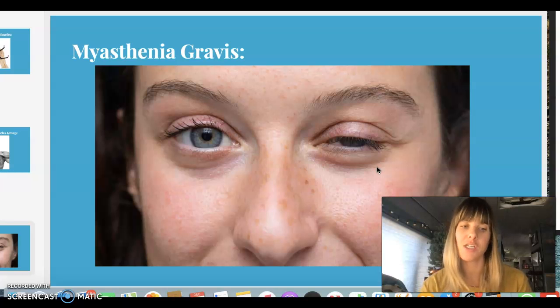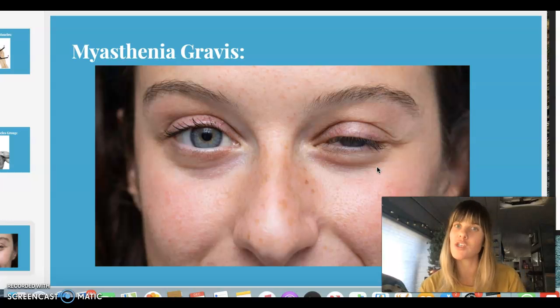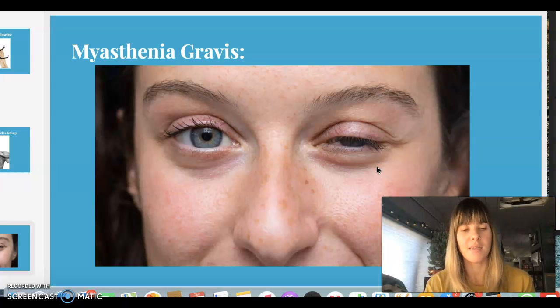Through therapy, she was able to get the majority of her function back in her facial features, because that was happening, I believe, on her right side of her face. A lot of times this can happen with stroke as well. It can be an underlying cause, symptoms of stroke. However, in her case it was not, just sudden onset.